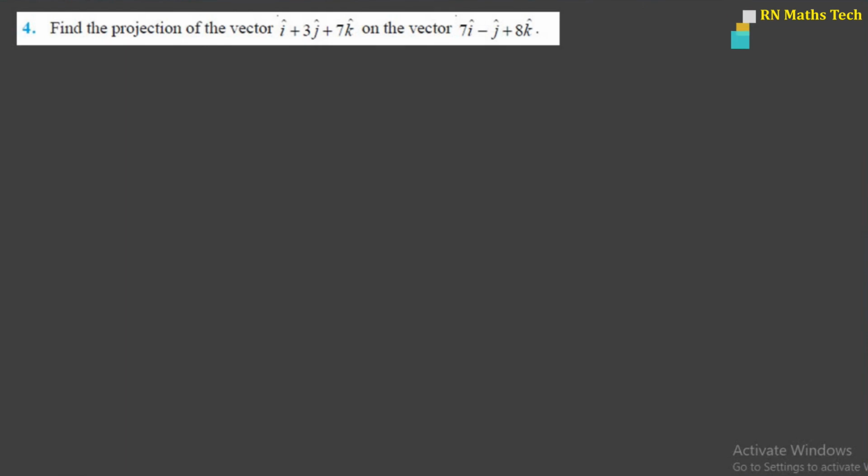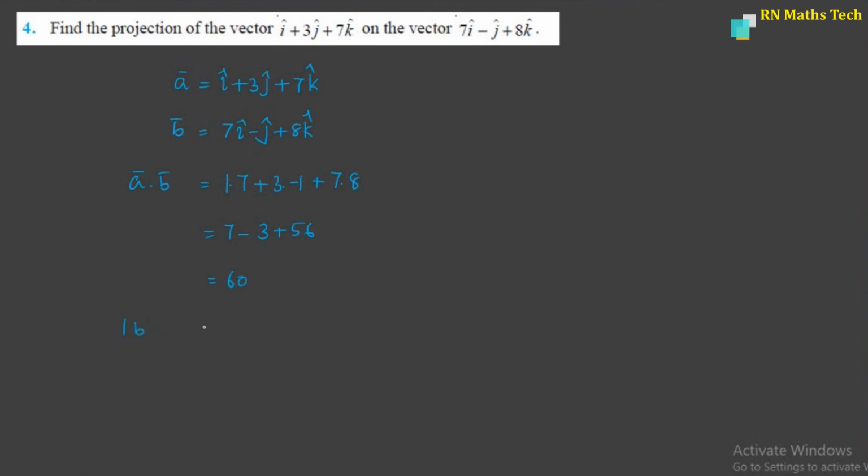Now see the fourth one. Find the projection of the vector a bar, let a bar equal to i plus 3j plus 7k, b bar equal to 7i minus j plus 8k. A bar dot b bar equal to 1 into 7 plus 3 into minus 1 plus 7 into 8, 7 minus 3 plus 56, that's equal to 60.